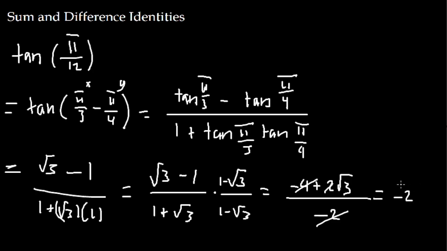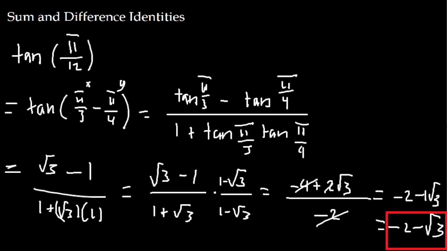So negative 1, we don't need to write that anymore. So it's just 2 minus square root of 3. Now this is our final answer for the tangent of pi over 12.